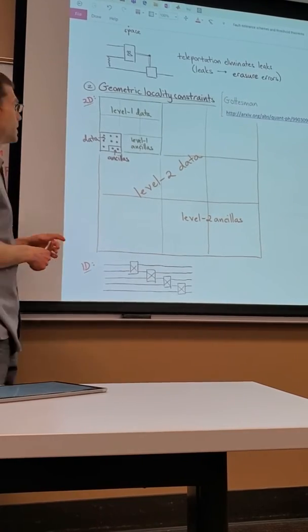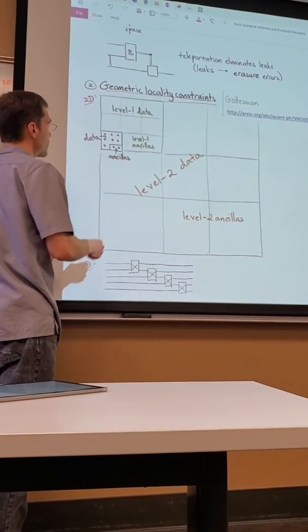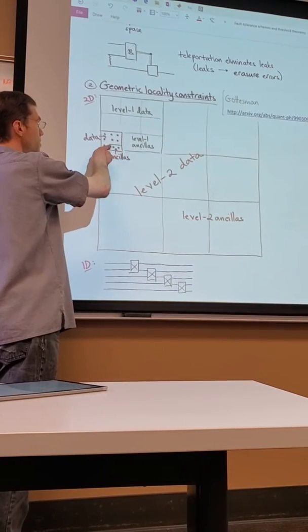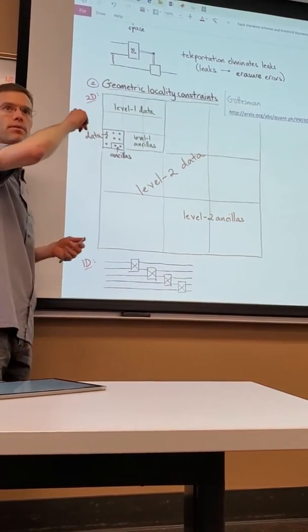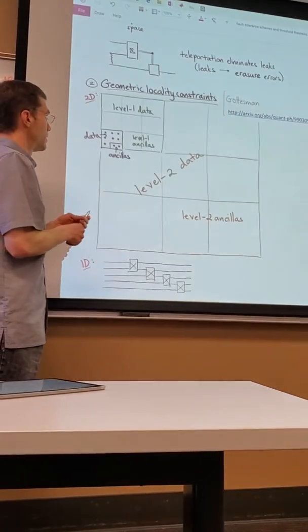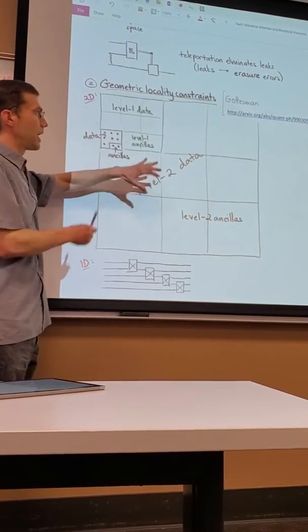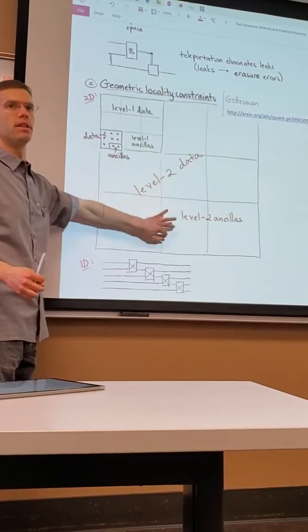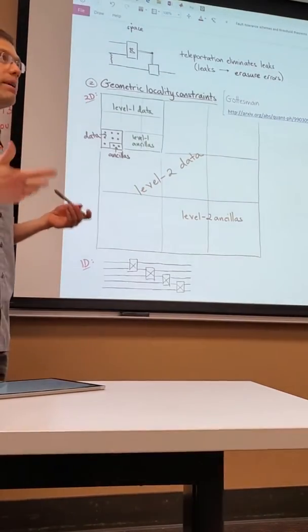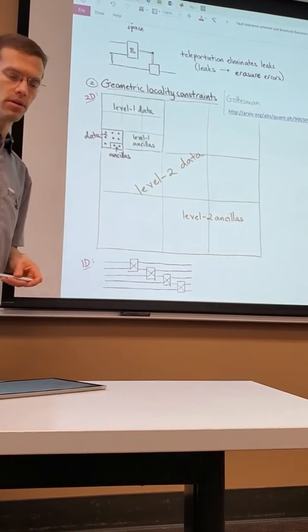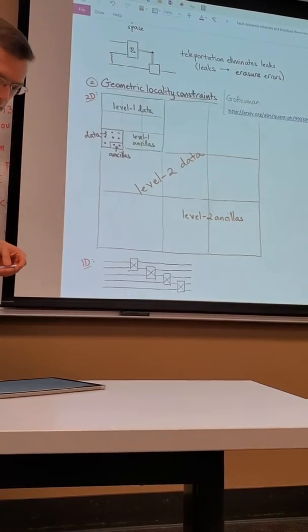The problem here is that to do fault tolerance with geometric locality, you have to have swap gates. You have to move things around, and that's an issue because at higher levels of encoding, you have to move them farther. So that's why the theorem might break down, but in fact, you can still prove that it does work.